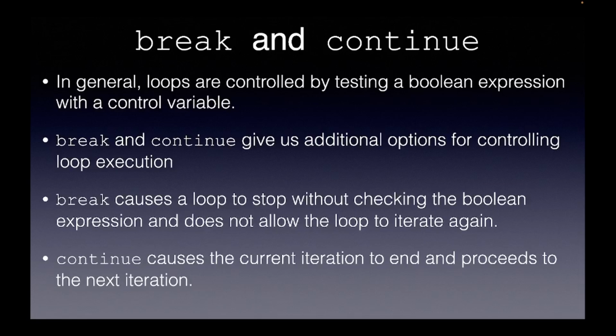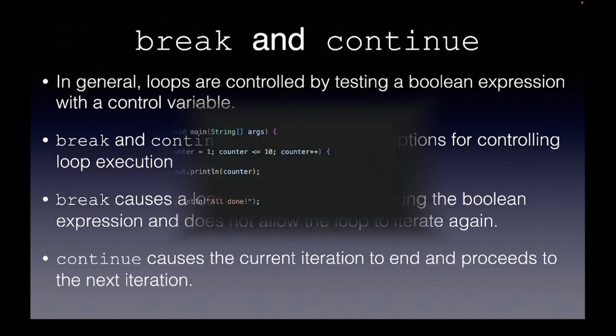But maybe you want to run half of your iteration, so to speak, and you do a check for halfway through, whatever algorithm you're writing, and then you can hit continue, and it won't run the rest of the code in the loop block, but it will jump back up and start again and evaluate the expression just like normal. So let's see how that looks in code.